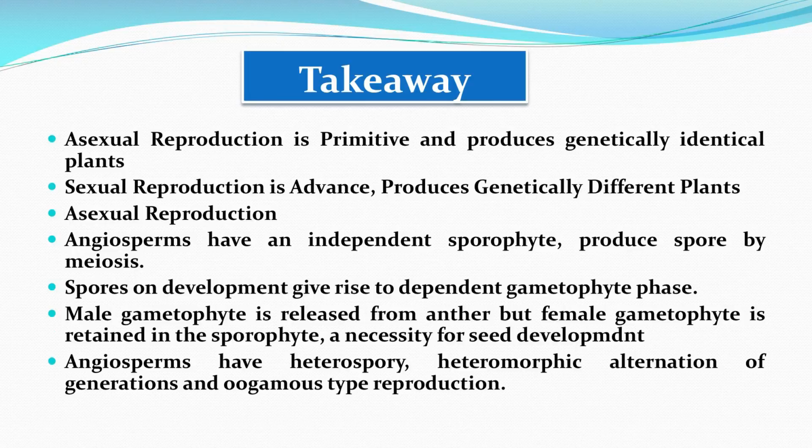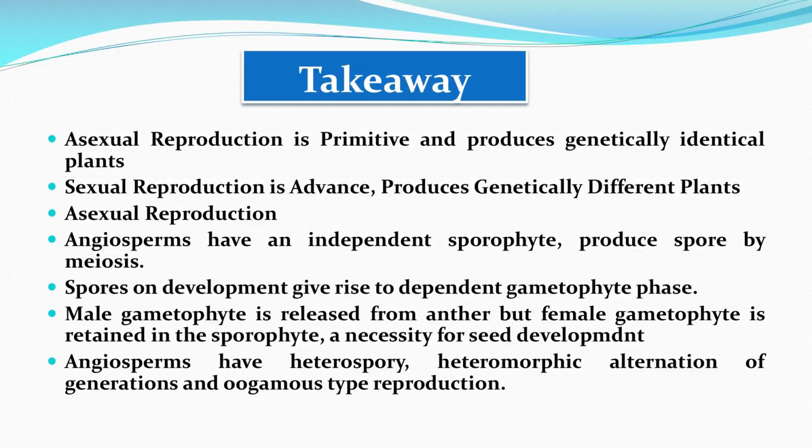And towards the angiosperm life cycle, I want to tell you it consists of a conspicuous, prominent diploid sporophytic phase, which on meiosis yields a spore phase, and the spores on germination give rise to the gametophytes, and gametophytes produce the gametes which fertilize or fuse to form the zygote and subsequently the diploid sporophyte.